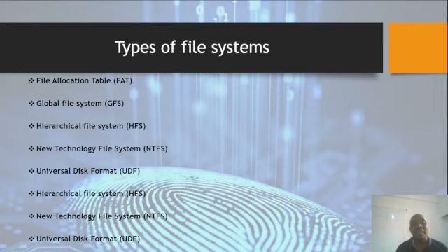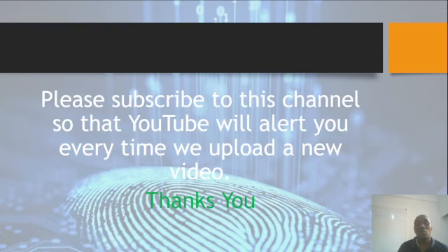So one thing I want us to look at, there are a number of file systems, and I've just mentioned a few of them. I want you to take your time and go through them. Basically, for this class, we just wanted to know that we have file systems, what the file systems are, how they work, and which operating system has which file system.